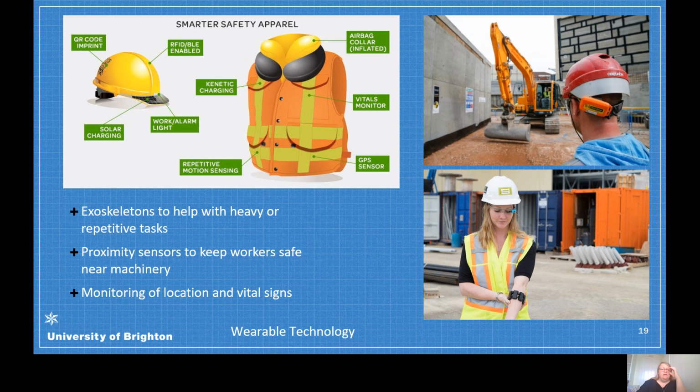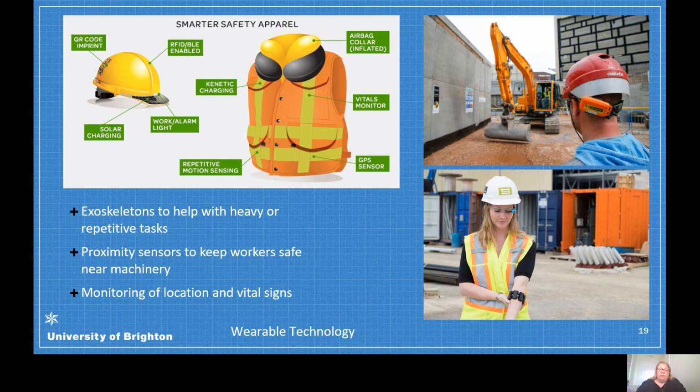Wearable technology is another area that is quite fast growing within construction. And again, lots of you probably have either got or seen things like Fitbits and smartwatches. That's a type of wearable technology that can track things like your heart rate and where you are physically, GPS sensors, which can be very useful on a construction site just to make sure that people are all okay and they're not in places where they shouldn't be, so they're not straying into dangerous working areas where they shouldn't be working.